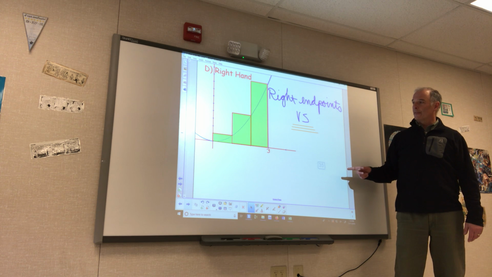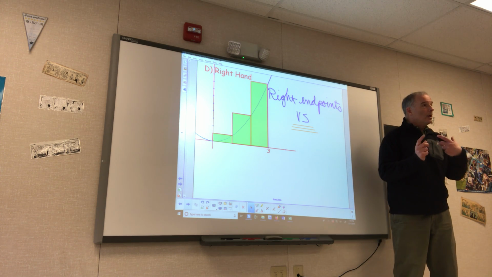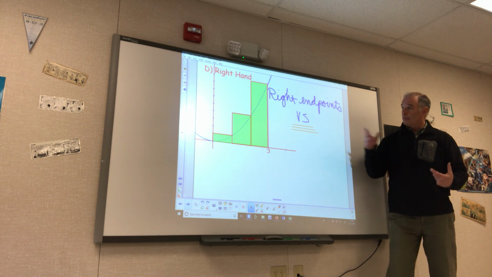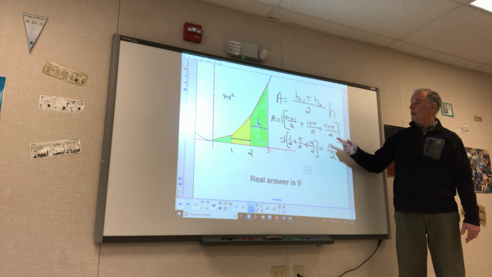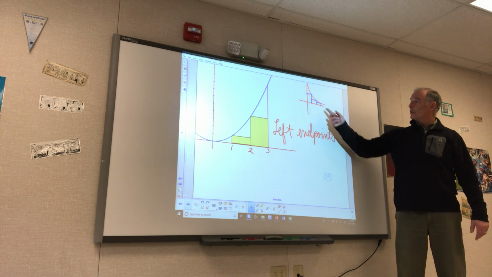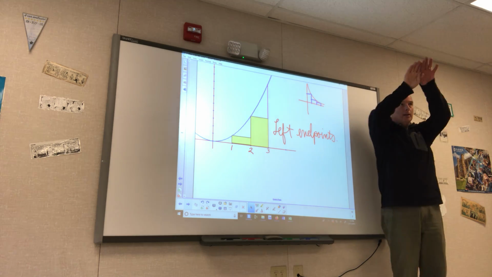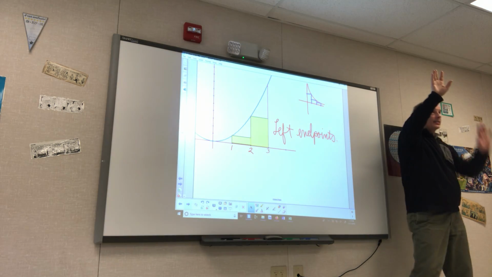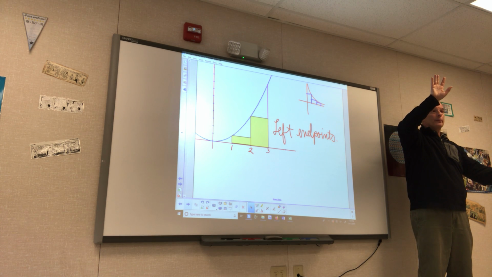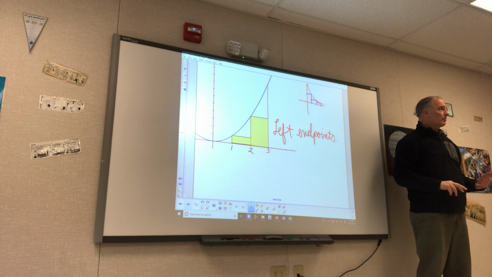So again, left hand versus right hand, overestimation versus underestimation depends upon whether it's an increasing function or decreasing function. If it's decreasing and I'm choosing right hand, I'm always picking the smaller value, so it's going to be an underestimation.